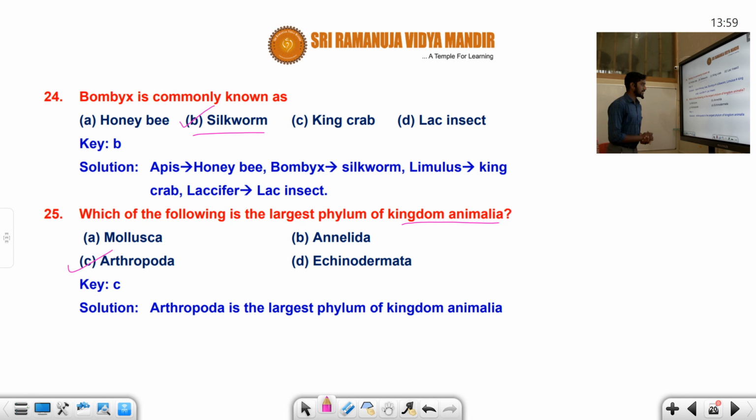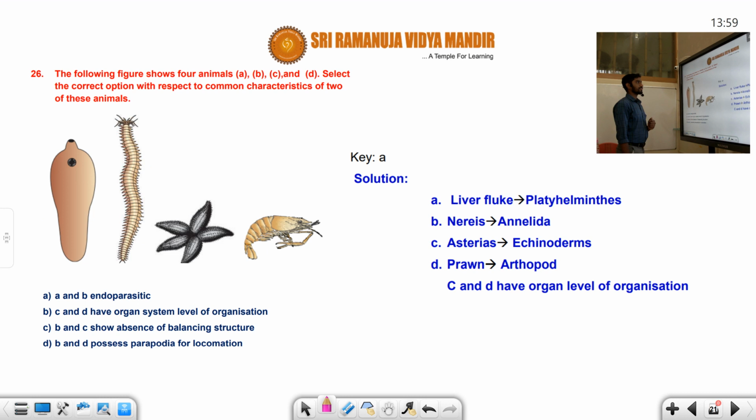The next one, this question may create some confusion, but it is a very easy question also. You can see this one. The following figure shows four animals, A, B, C and D, and select the correct option with respect to the common characteristics of these animals.